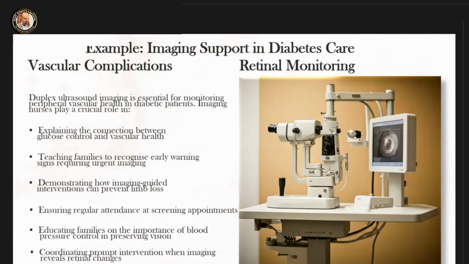demonstrating how imaging-guided intervention can prevent limb loss because of gangrene, which results from the complications of diabetes, ensuring regular attendance at screening appointments, educating family on the importance of blood pressure control in preserving the vision of the patient, and coordinating prompt intervention when imaging reveals retinal changes.